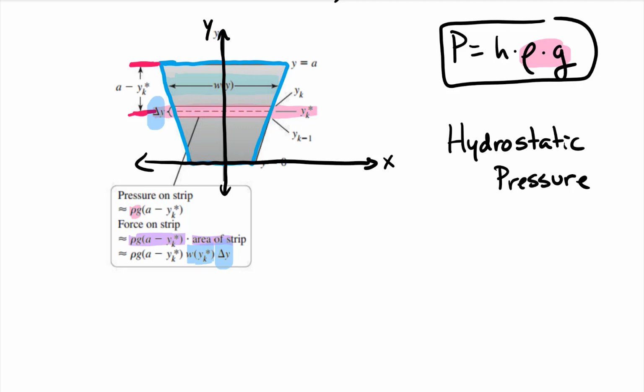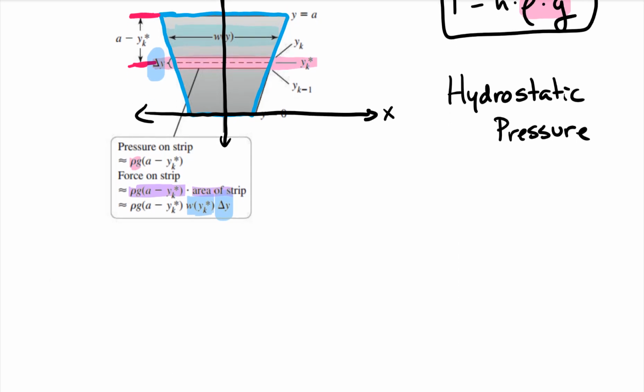We're not looking for work any longer. We're just looking for force. So we can say the force on the kth strip, F sub k, is going to be rho times g times A minus y sub k.